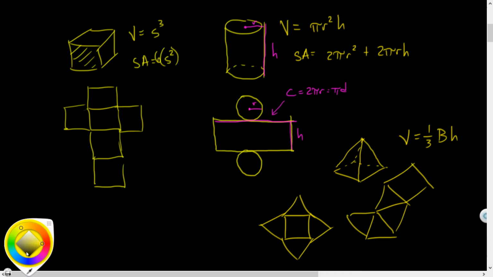In terms of the dimensions, if this is S, this is an S by S square. Question, what are the dimensions of one of these triangles? It's S, and then what's this?